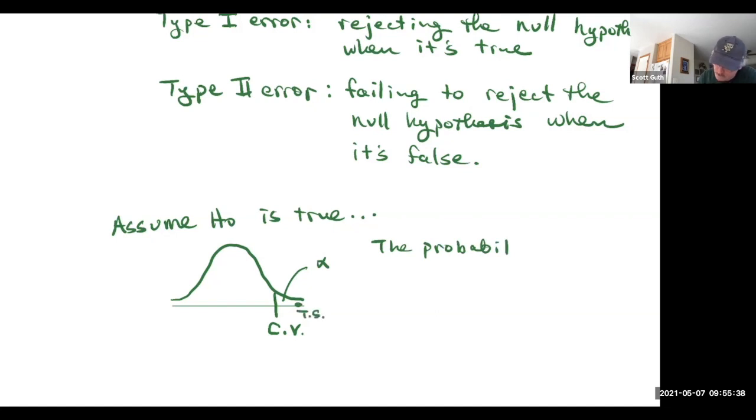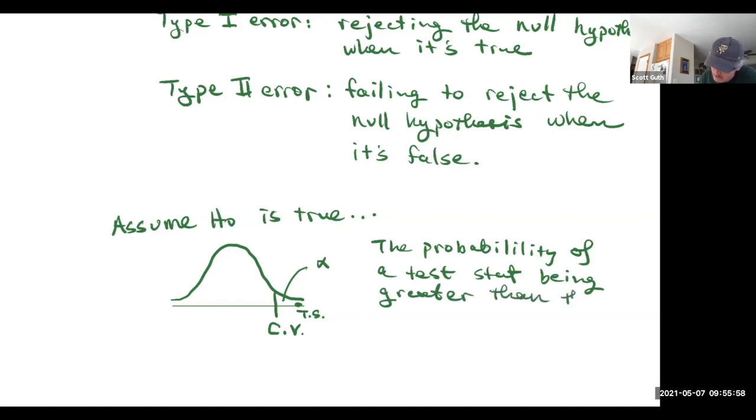So the probability of a test statistic being greater than the critical value is alpha, and you can just see that from the diagram.